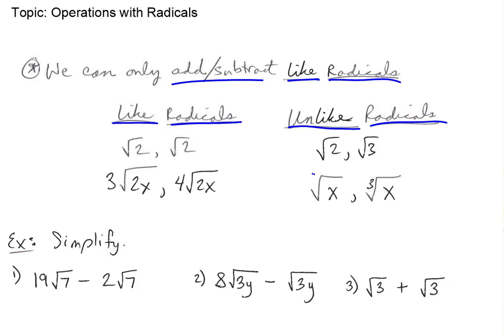Remember, when there's no index written, you assume it's a 2 for a square root, which the first expression here has. The second one has a 3, this would be a cube root, and obviously everything matches except those, which means for like radicals, the index must match and the radicand must match. That's the summary of all these examples.